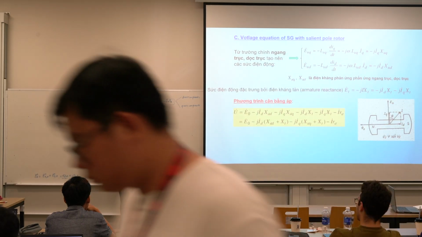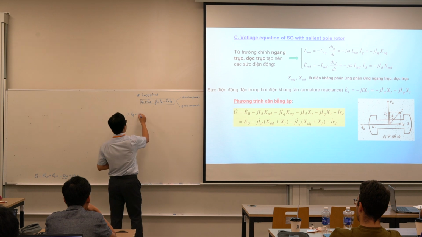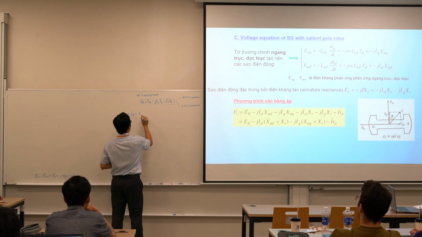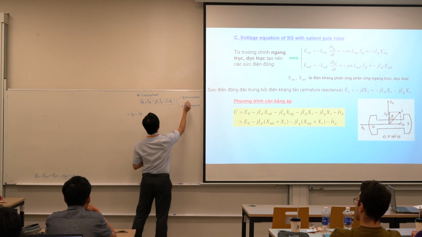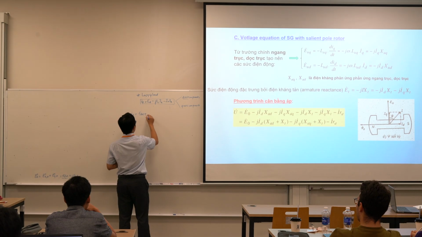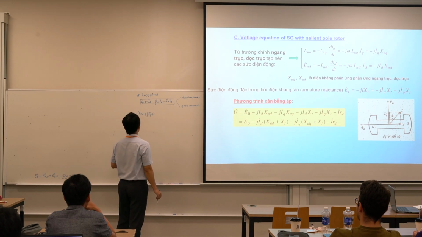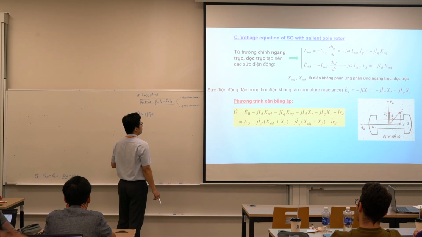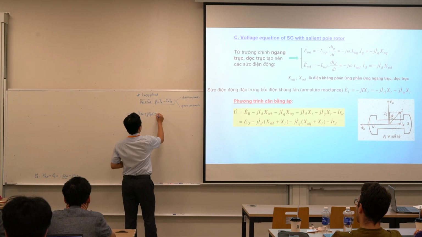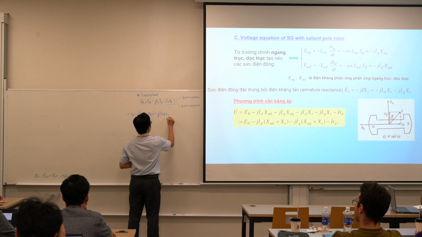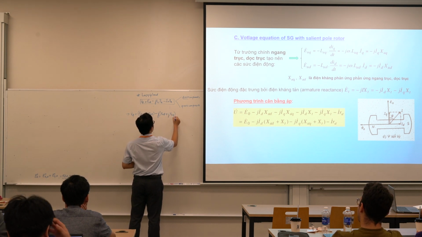So EA. We have EDA. I just pick up for D. So EDA plus jEQA, minus jXSD plus jXSQ times IA.